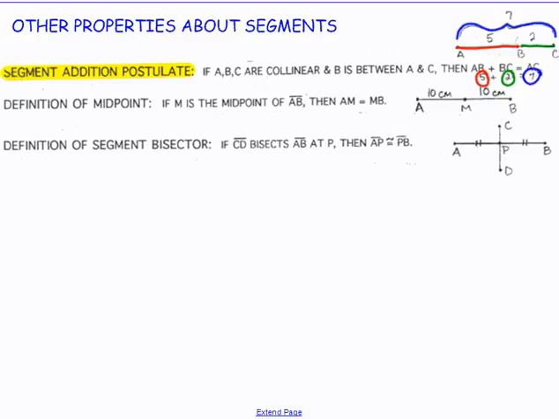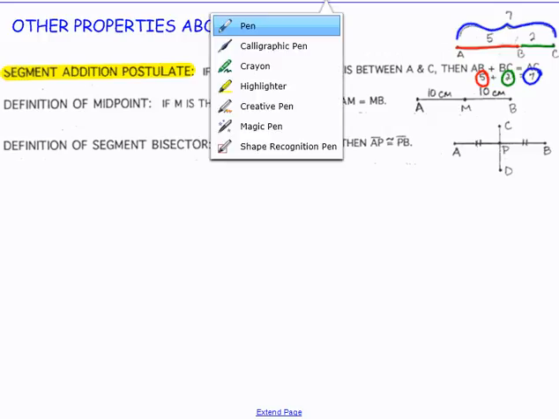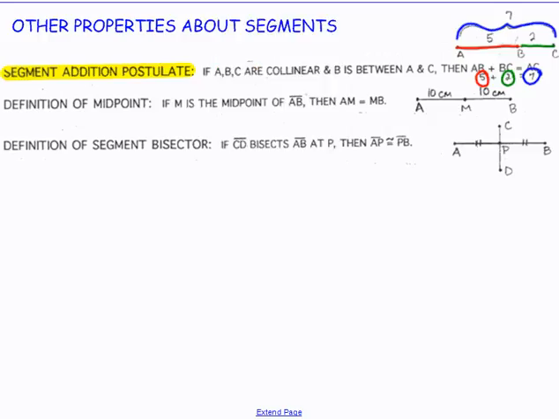The next postulate we're looking at is the definition of a midpoint. Definition of the midpoint tells us that if this is the midpoint, it cuts the segment in half. Cuts this segment right in half. We have this congruent segment and this congruent segment.